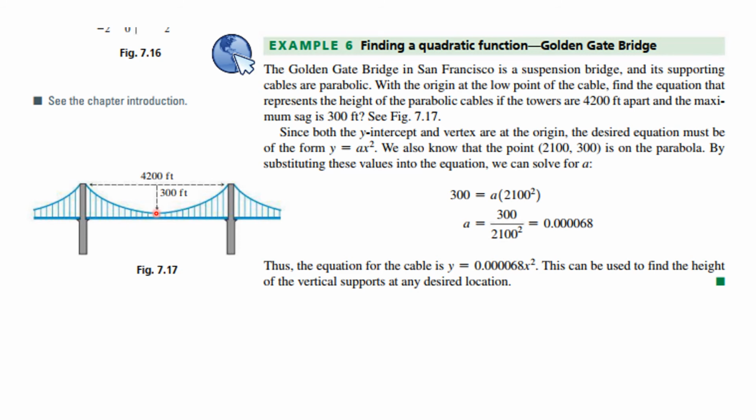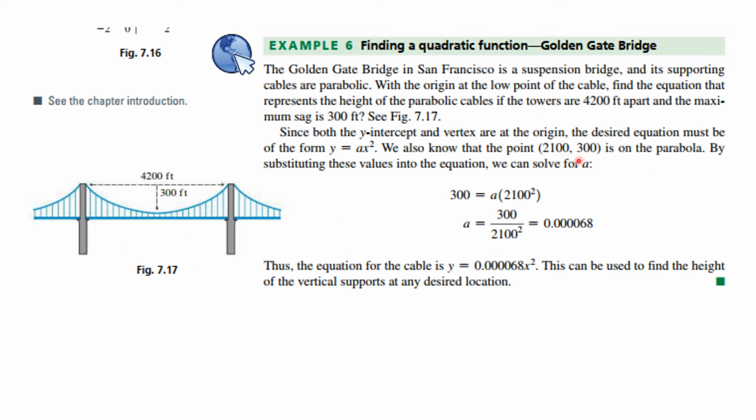is at 0, 0. That means that the equation of this is of the form y equals a times x squared, and a is going to be a positive number. And we also know that this point, when y is 300, x is 2100 or minus 2100.